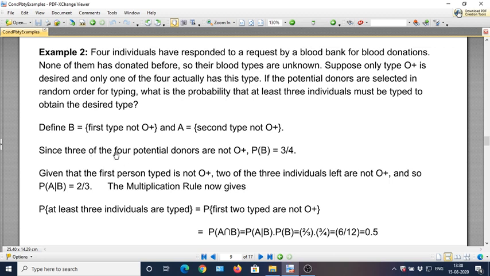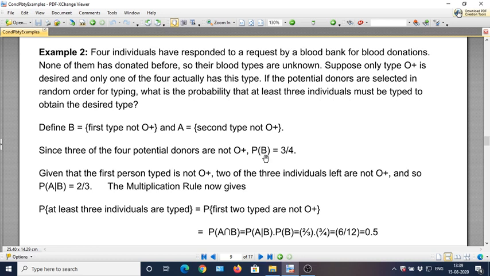Since we know that only one among the 4 potential donors has the desired blood type, the probability that an arbitrary individual has O plus type blood is 1 by 4, and therefore the probability that an arbitrary individual does not have O plus type is 3 by 4, which helps us find the probability of the first event. Probability of B is 3 by 4. But now for the second one, probability of A, we conduct the second experiment.